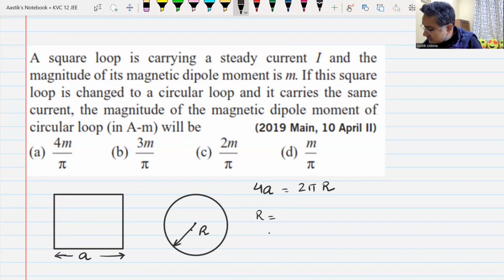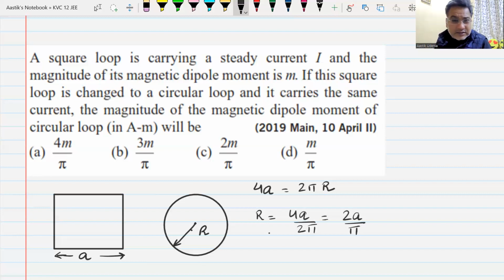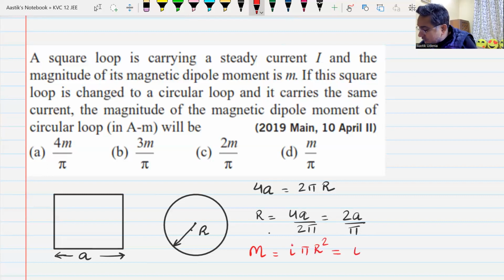The radius of this circle will be 4A by 2 pi, or it will be equal to 2A by pi. Do we understand this? Yes, sir. If I find out the magnetic moment of this loop, it will be I into pi r square. I into pi r square becomes I multiplied by pi multiplied by 4A square by pi square.